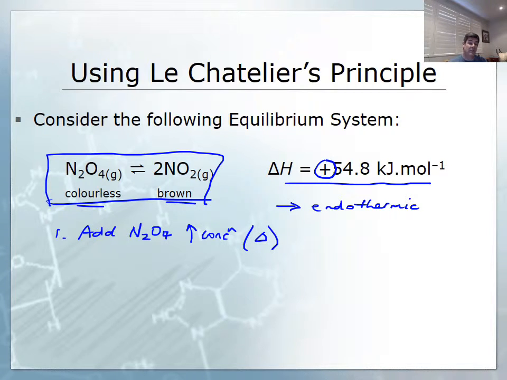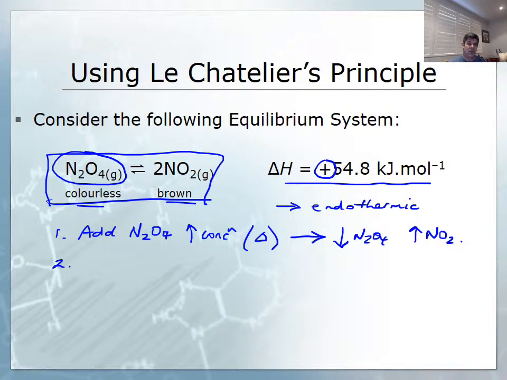That will affect the equilibrium system because now we have more of the first reactant, and therefore the system will change in order to counteract that change, which means the system is going to shift to the right. That is going to lower the concentration of N2O4 and increase the concentration of NO2.